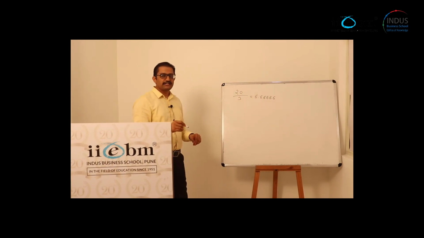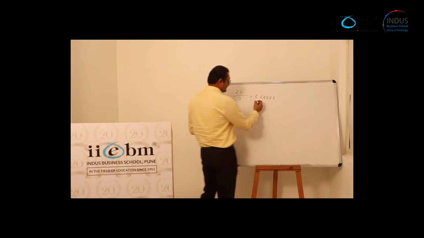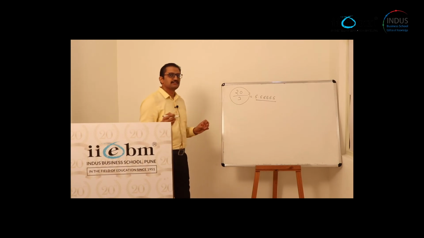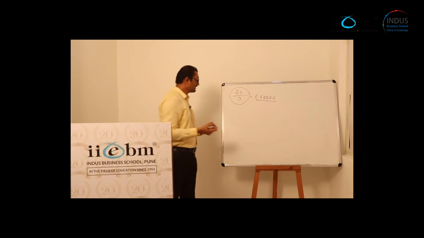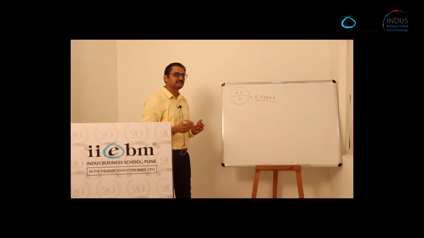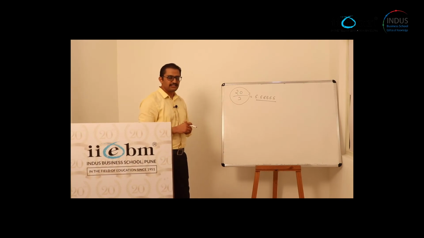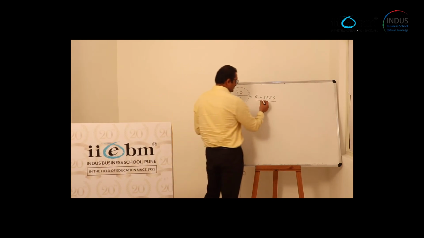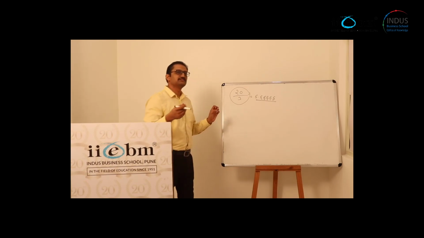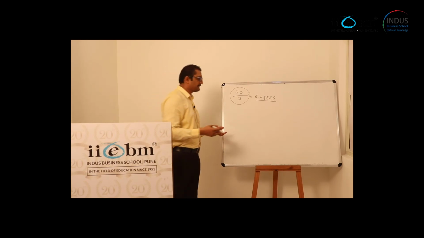So what do we call this particular kind of number? 20 by 3 is a rational number, because it is in the form of a by b, given that b is not equal to 0, and this digit 6 is getting repeated infinitely many times.